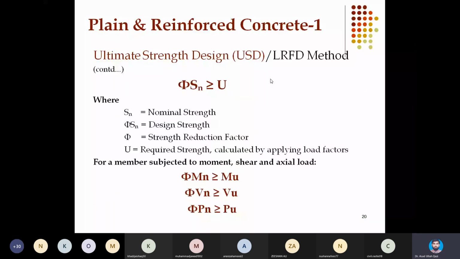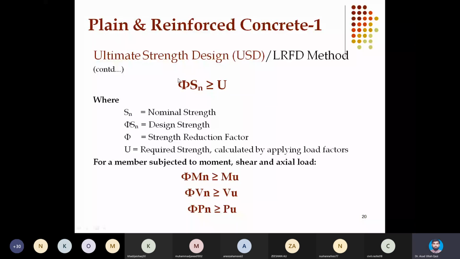So together then I can write it in equation as that the nominal strength, nominal resistance, which is without any factor of safety, which is the actual resistance, if I multiply it with a factor less than 1, we call it reduction factor, strength reduction factor.